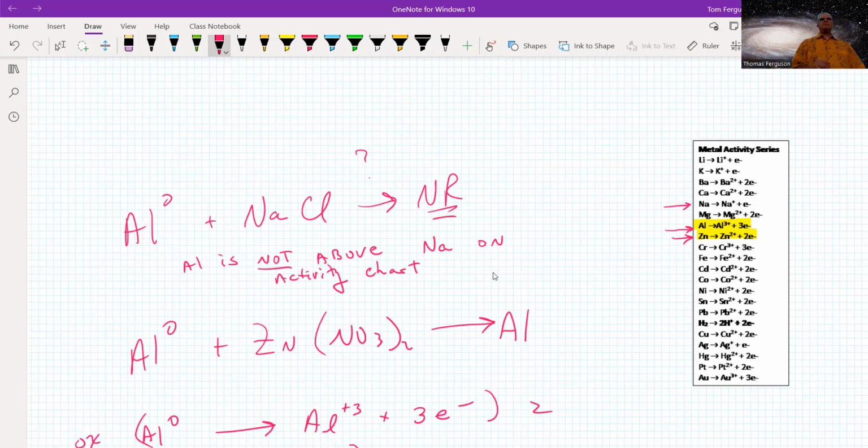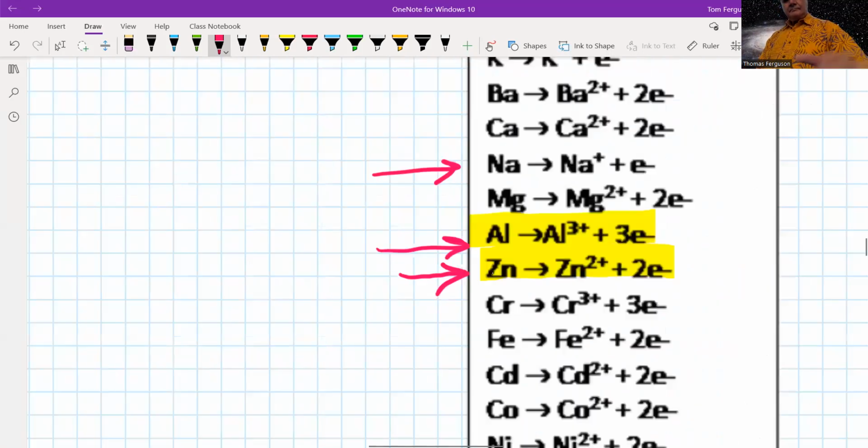What ion does aluminum dissolve into? +3. And if you just look over here, it says +3. And zinc goes to +2.